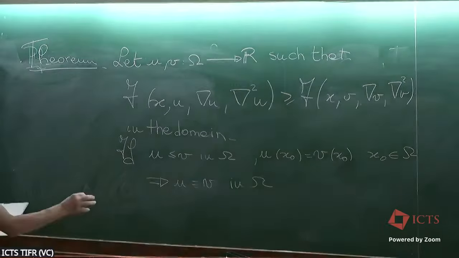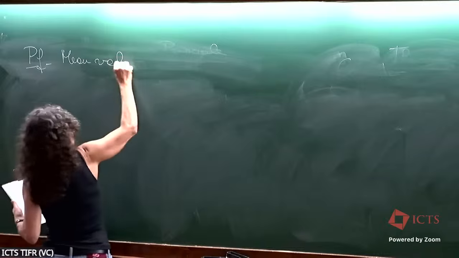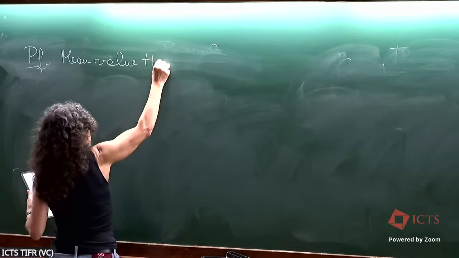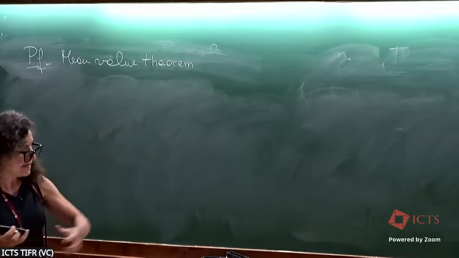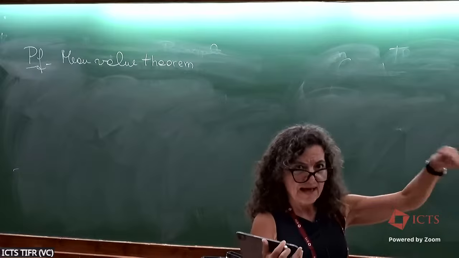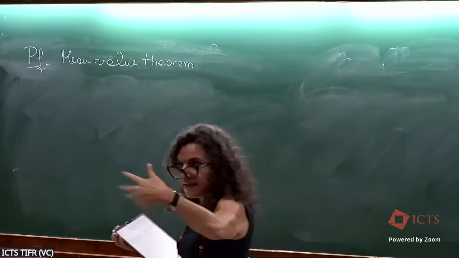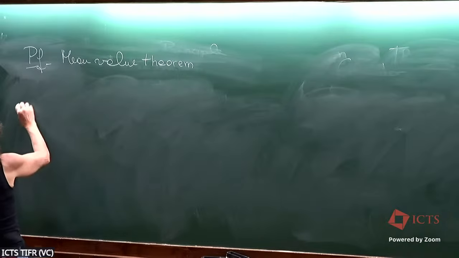The mean value theorem helps to write the difference, this difference F of u minus F of v, as a linear equation. So let's write like that.